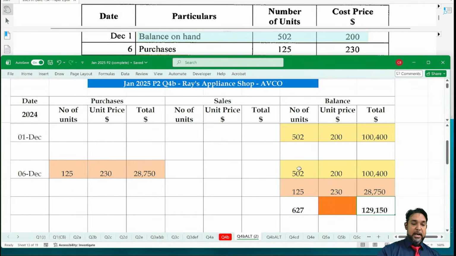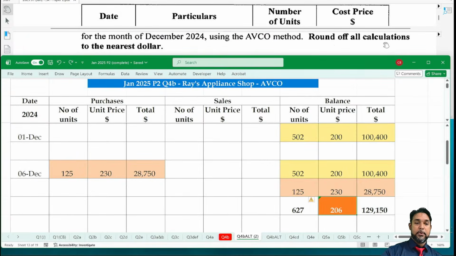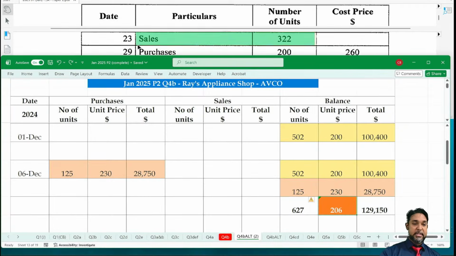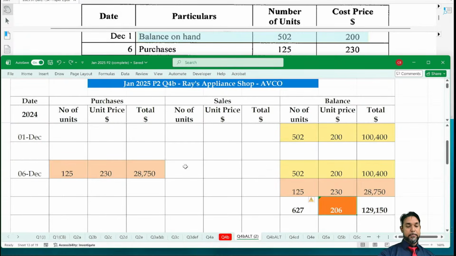Total number of units, add 502 and 125, you get 627. To find the figure in the middle, you divide 129,150 by 627, and that gives us 206. Yes, we will get decimal places, but the question said round off all calculations to the nearest dollar. So you don't have to worry about any cents, just round off to the nearest dollar.